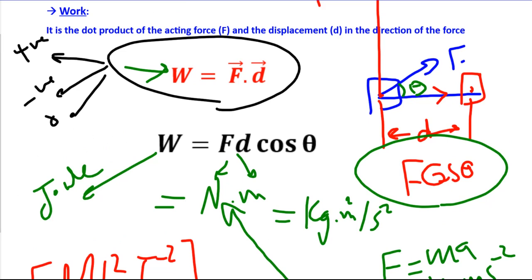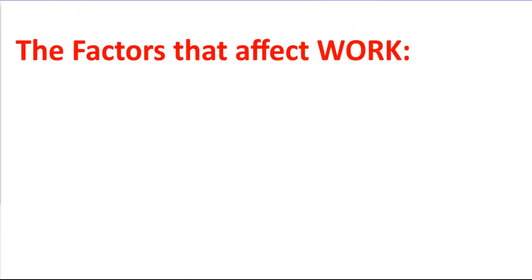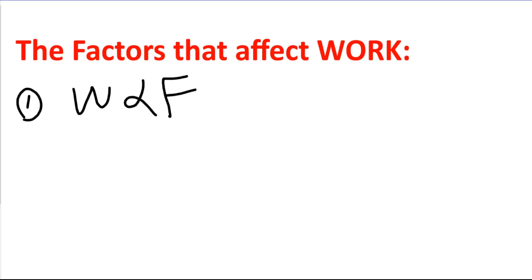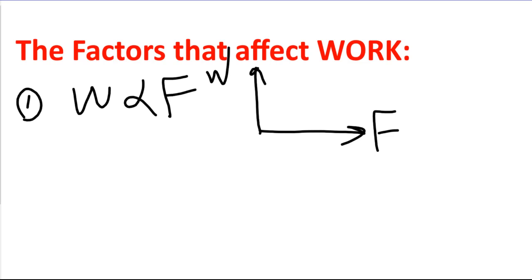The point after that is what are the factors affecting the work. Number one: work is directly proportional to the force acting on it. If you want to represent that graphically, we have here work and here force. It's going to be a straight line like that from the origin.